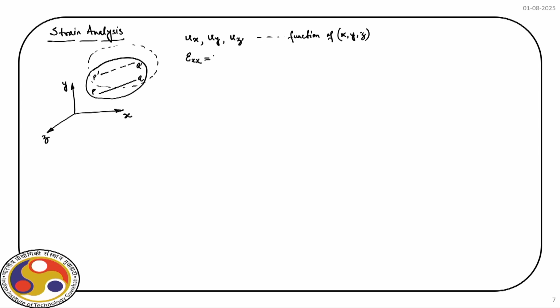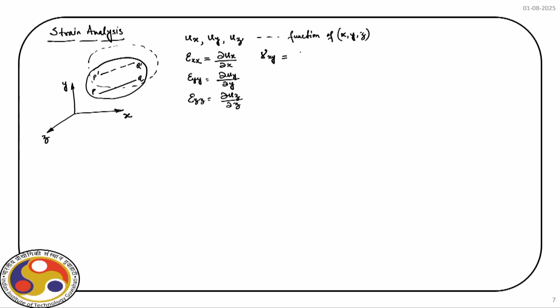In 3D, we have 3 axial strains, and then we also have shear strains, right.